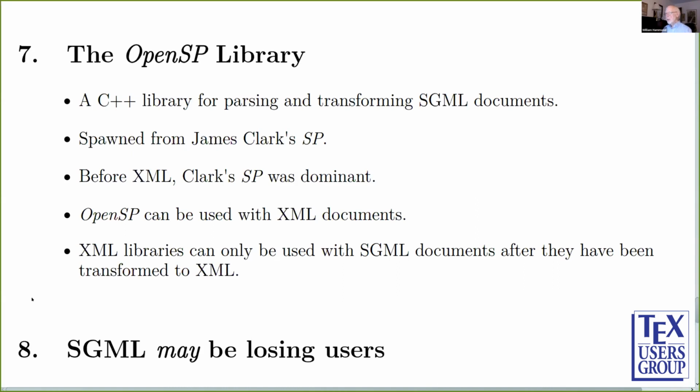OpenSP is a C++ library for parsing and transforming SGML documents. You can, by the way, use it with XML because, as I said, XML is a subcategory of SGML. So every XML document can in a canonical way be viewed as an SGML document.